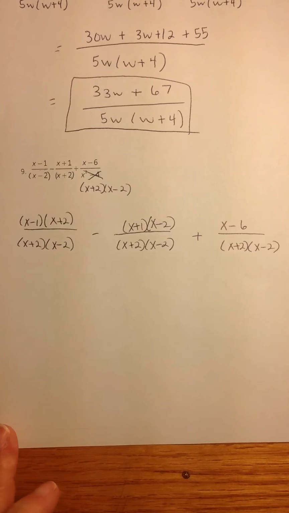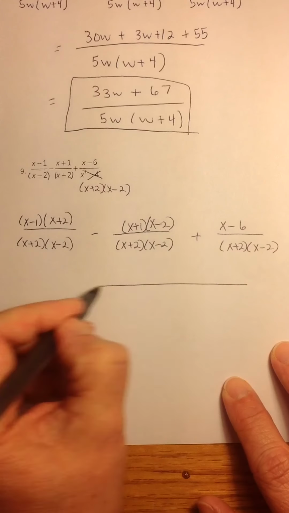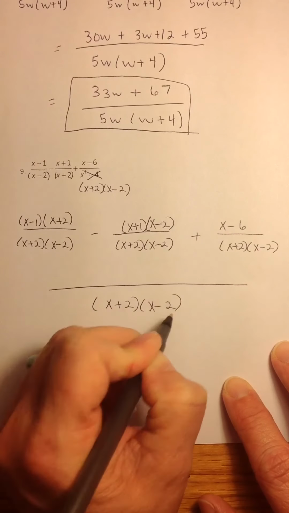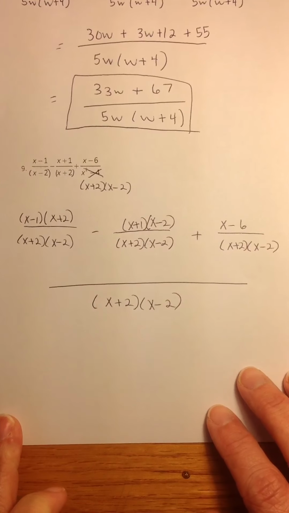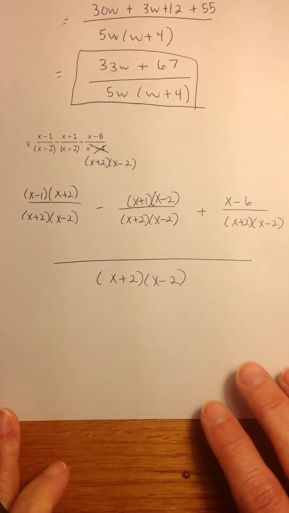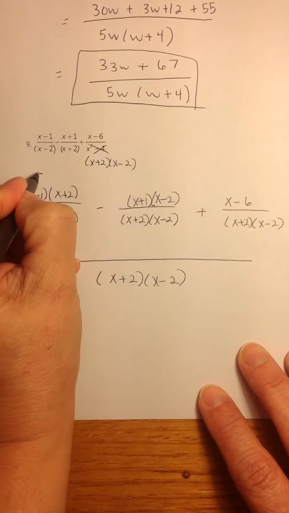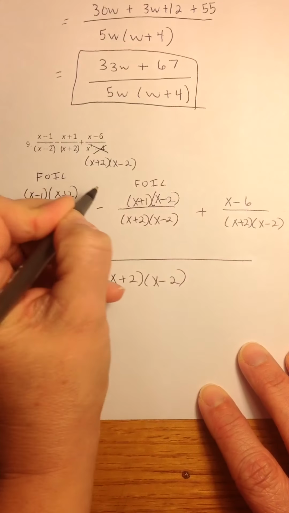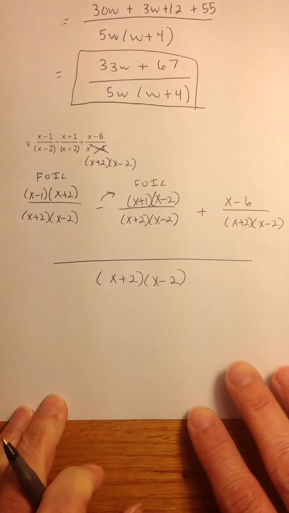Now to continue, I draw one fraction bar and I say x plus 2 times x minus 2 is my like denominator. Now, to work out the numerators, I'm going to have to FOIL here, and I'm going to have to FOIL here, and then I'm going to have to remember to distribute a negative.